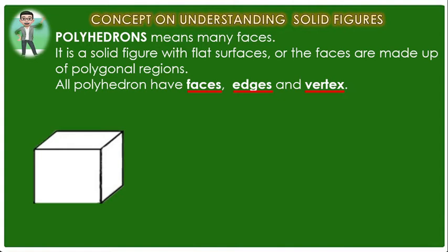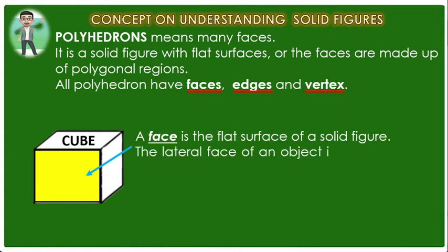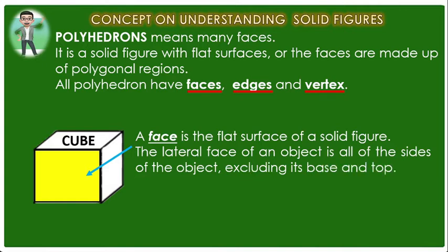In this solid figure, a cube, which is the face? Let me show you. There you go. That shaded part of the cube is one of its faces. What is a face anyway? A face is the flat surface of a solid figure. The lateral face of an object is all of the sides of the object, excluding its base and top.